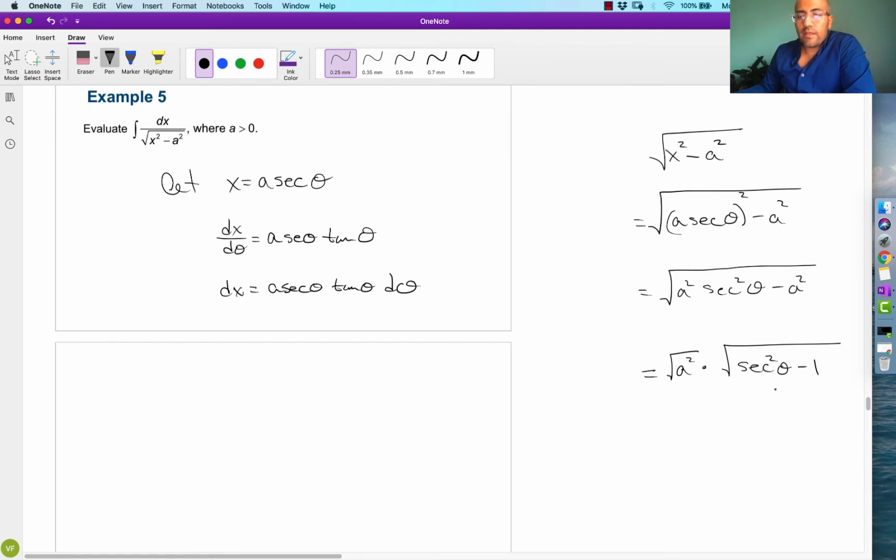And secant squared theta minus 1 is just going to be tangent squared theta, as per one of our trig identities.